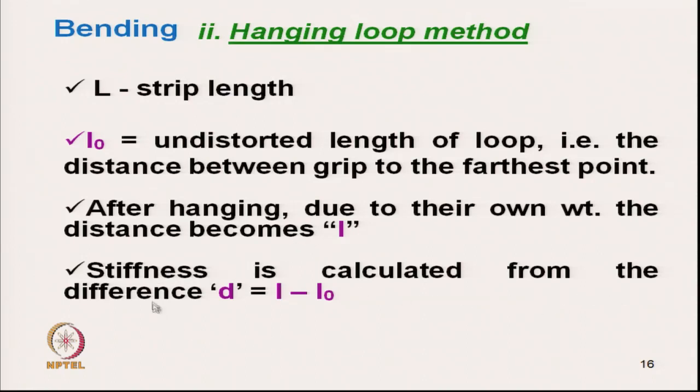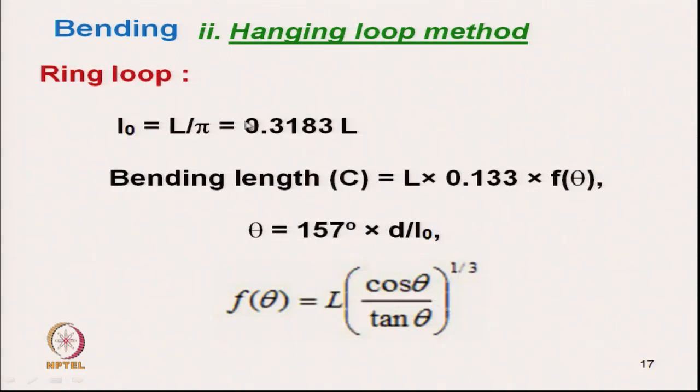The deflection, that is the stiffness, is calculated based on the difference d equals L minus L0, as we have discussed. For the ring loop, L0 is nothing but the distance from the grip point to the other point, that is the diameter of the loop, which is L by pi.